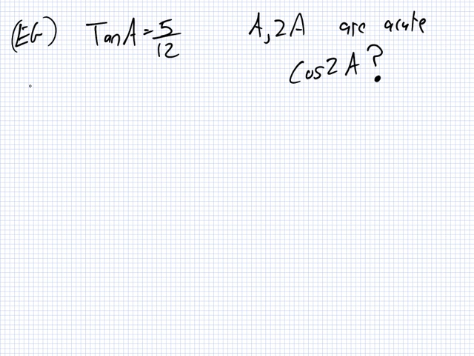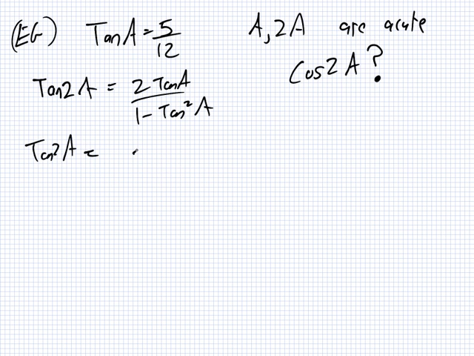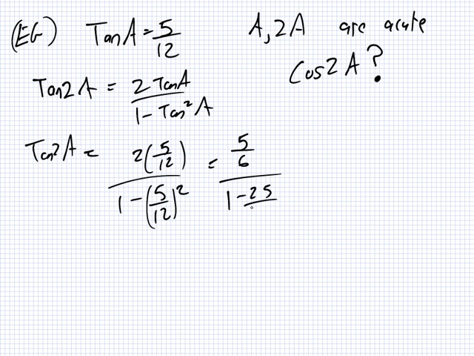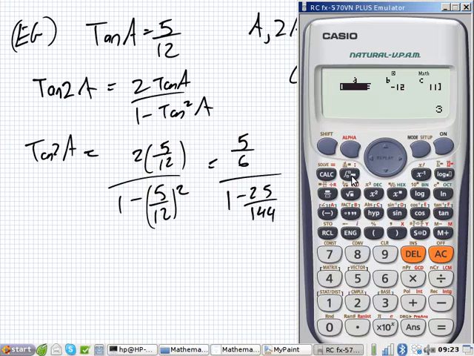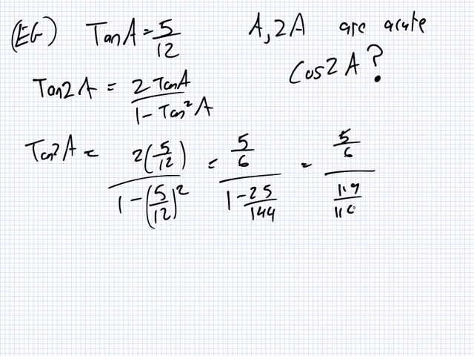Yeah? So, can I do this one now? We can use the formula that tan 2A is equal to 2 tan A over 1 minus tan squared A. So tan 2A is equal to 2 times 5 over 12 over 1 minus 5 over 12 squared, which is 5 over 6 over 1 minus 25 over 144. 1 minus 25 over 144 is 119 over 144.